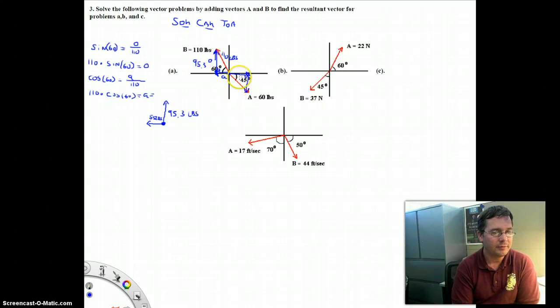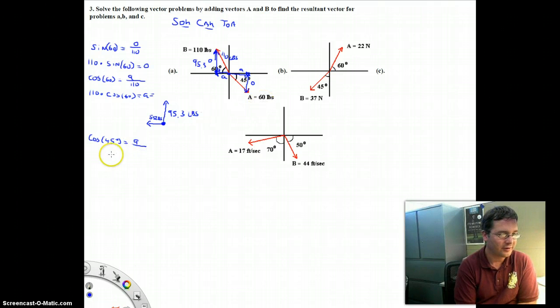So what do we know? The angle here is 45 degrees. This would be the adjacent side. This would be the opposite side. So let's figure out that adjacent side first. Again, we're going to use cosine to figure out the adjacent side. So cosine 45 degrees equals A over, and the force in this case is 60 pounds.